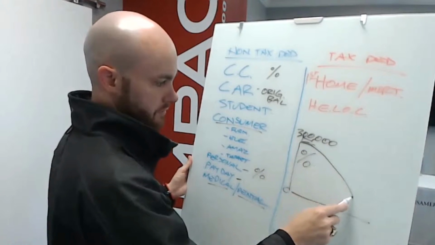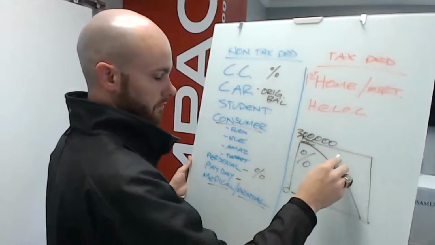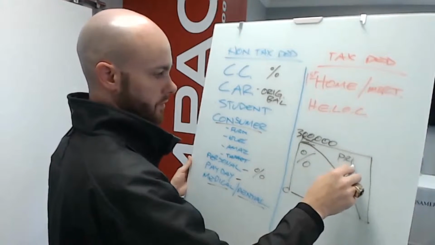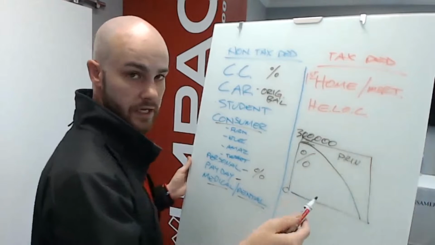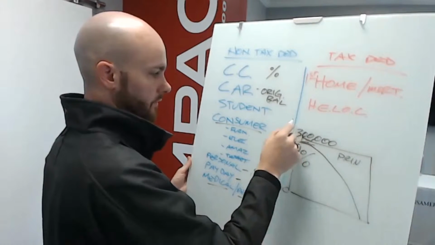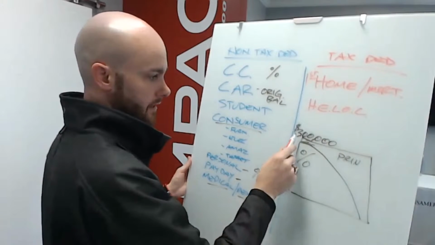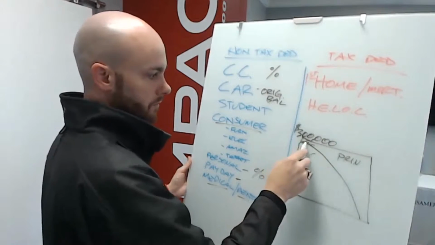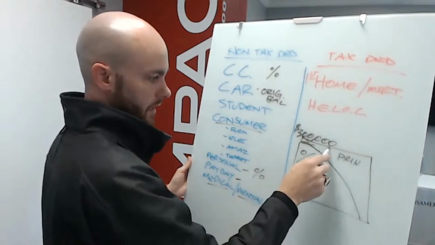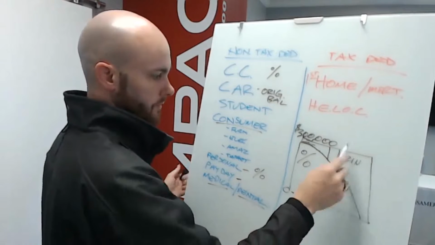But as time goes by, we end up paying more and more principal with every payment. The payment stays the same, where they calculate the payment on the fixed dollar amount at the beginning, and then as that balance goes down, more and more of our money goes to the principal of the loan.